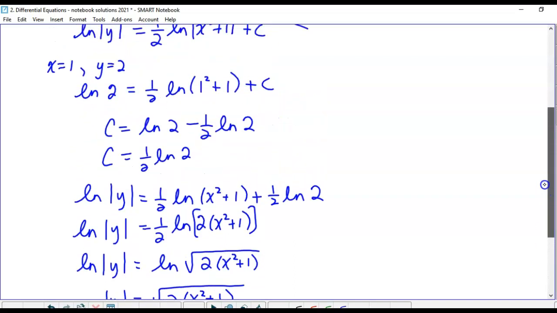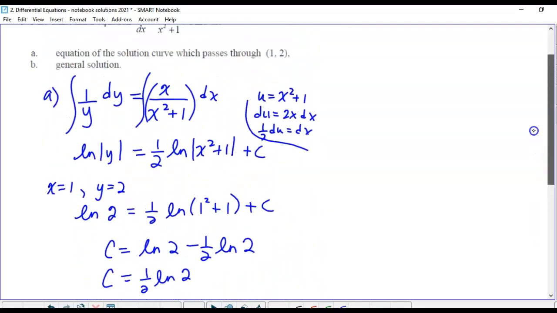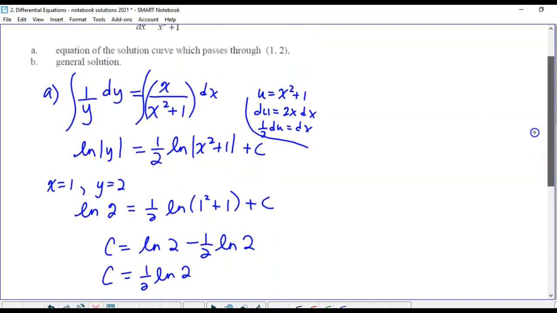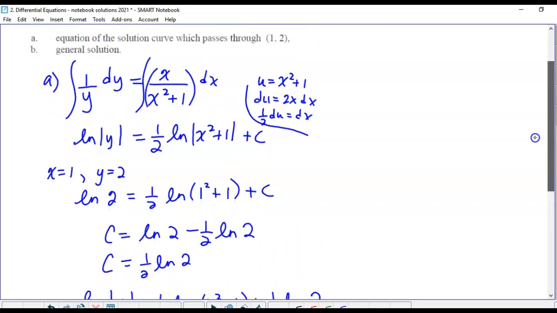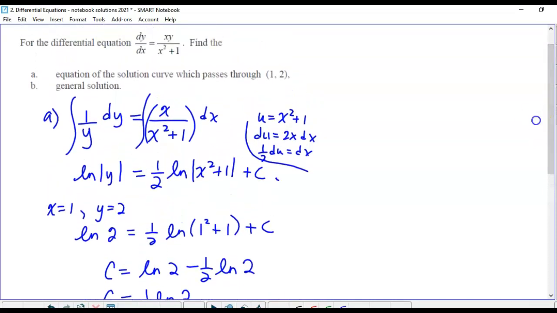So back up, we've done some of the work already for part B, the general solution. So here, this is your general solution, okay? But we want to solve for y.